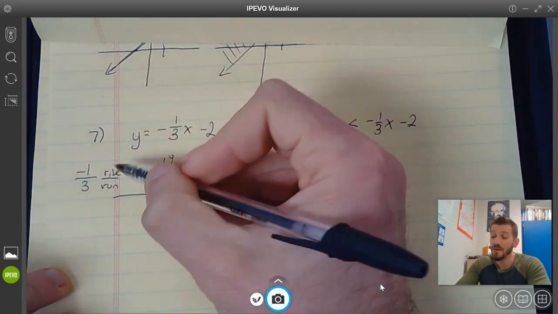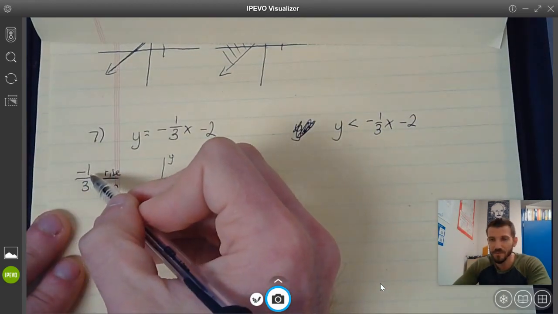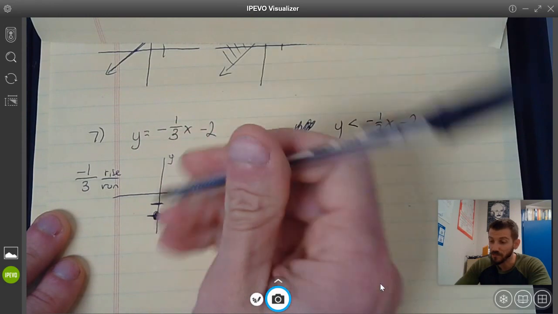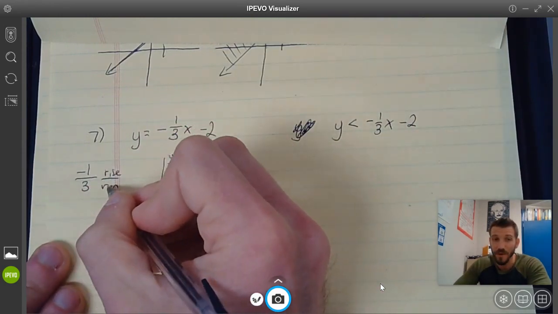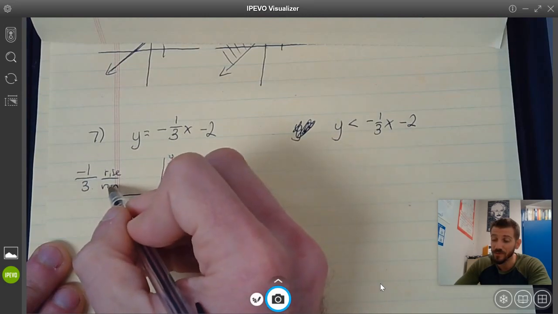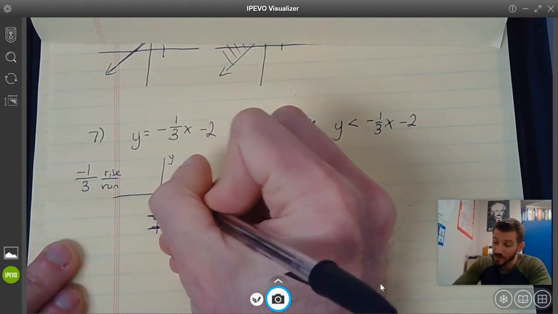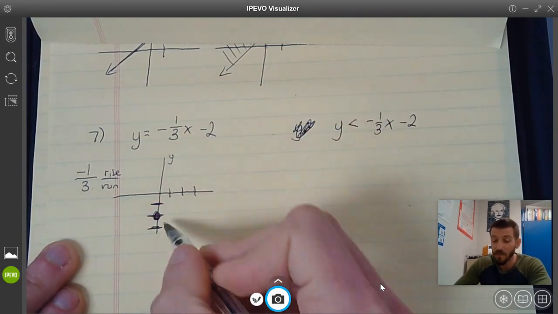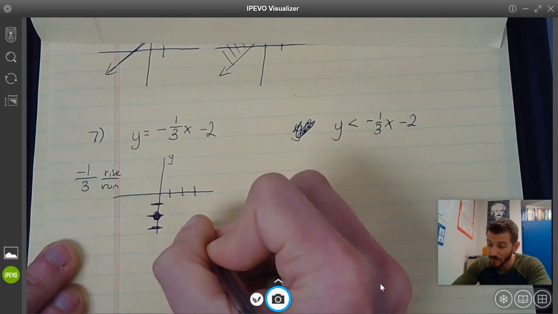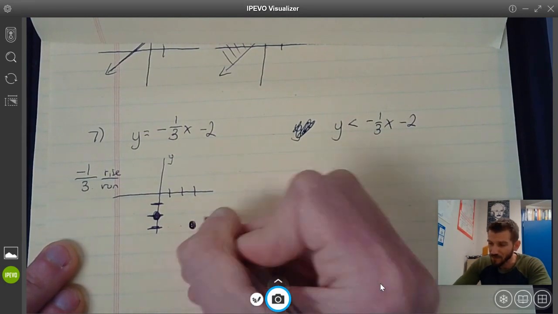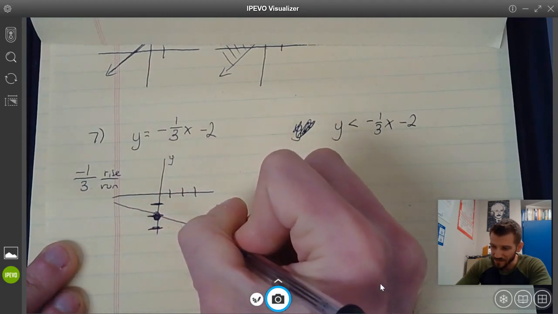So my rise, meaning up, is a negative number, which means I need to go down. So I'm going to be going down 1, and I'm going to be going to the right 3. This one is always to the right. So down 1 to the right 3. So my point, down 1 over 1, 2, 3. There's my second point. Again, it's an equal sign, which means that is it.